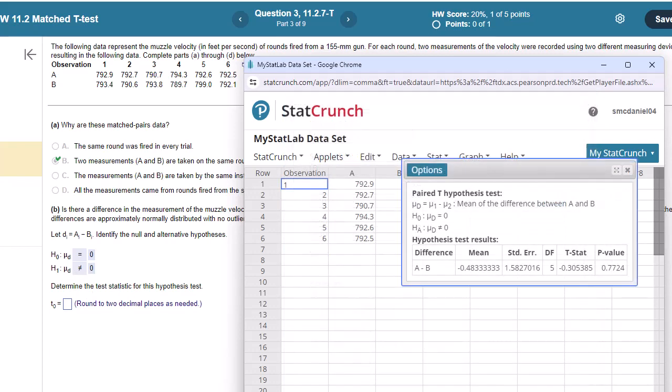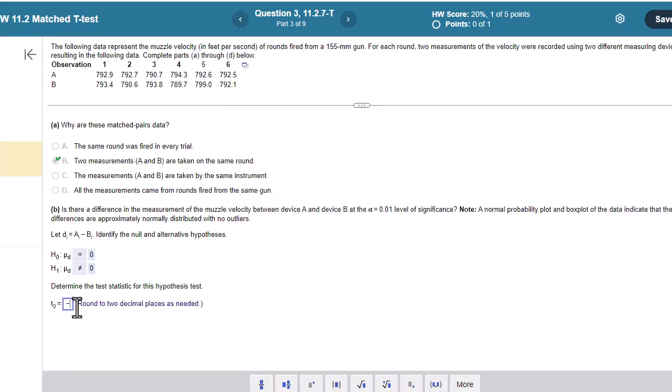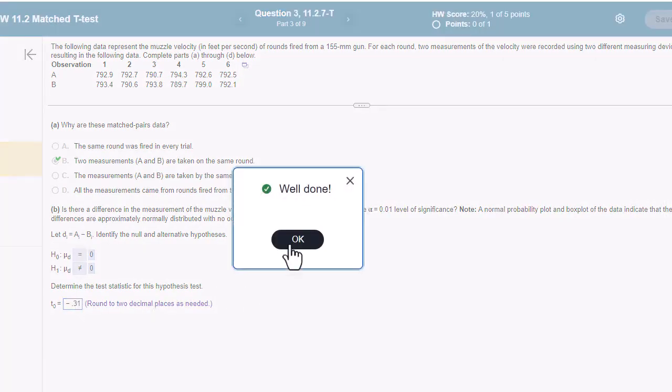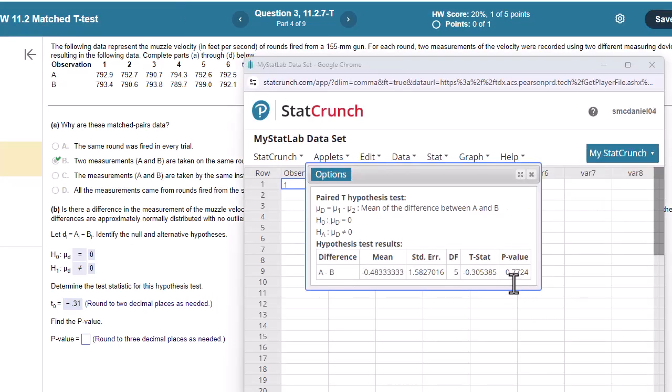Press compute. Here's our T-stat, rounded to 2 places: -0.31. And what was the p-value? The p-value here is 0.772.